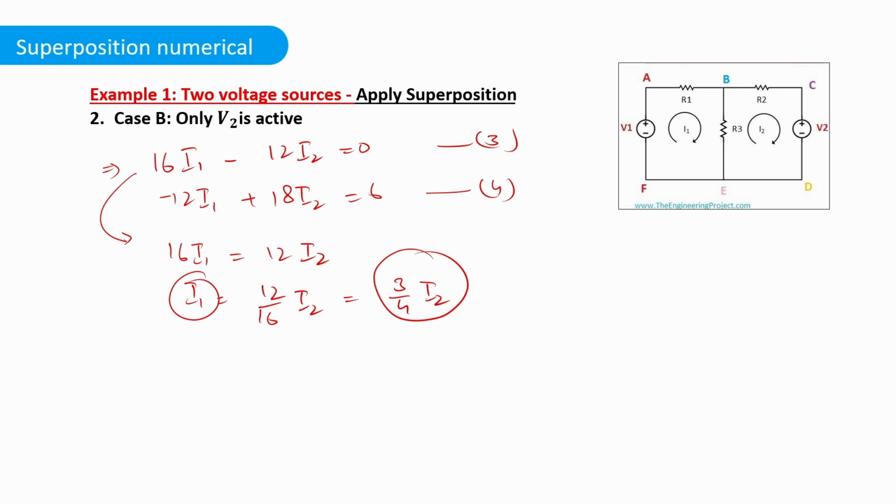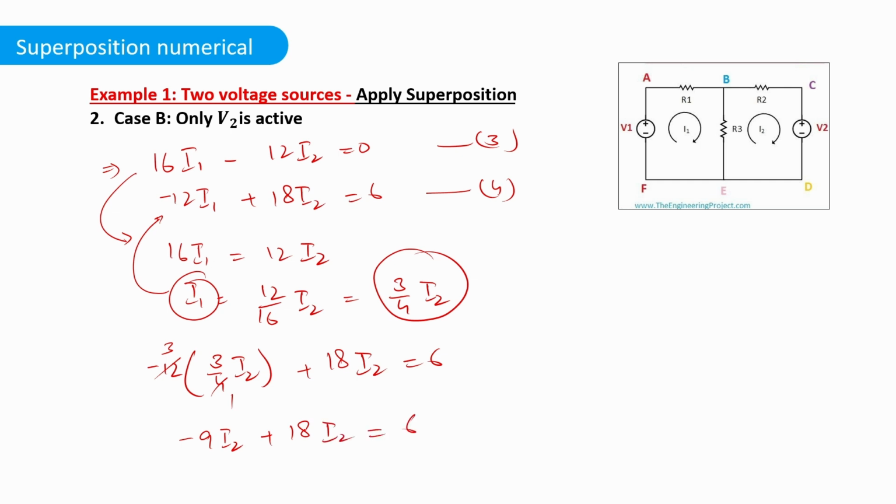Now I will simply substitute this in the next equation, which is the fourth one. So this becomes minus 12 times I1, which is 3 by 4 I2, plus 18 I2 is equal to 6. So 4 times 1, and this becomes 3, and 3 times 3 is 9. So this becomes minus 9 I2 plus 18 I2 equal to 6.